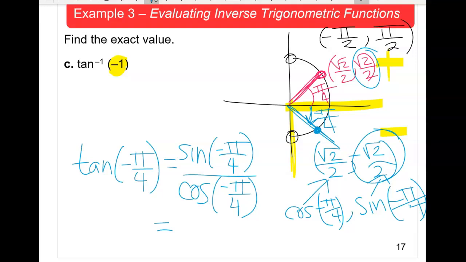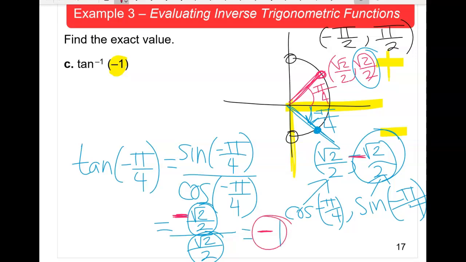That will be negative square root of 2 over 2 divided by the positive square root of 2 over 2. So our two fractions are the same. The answer should be 1, but we cannot overlook this negative that is actually coming from the y coordinate. So that's what makes this negative. So to answer this question, we're going to say negative π/4.